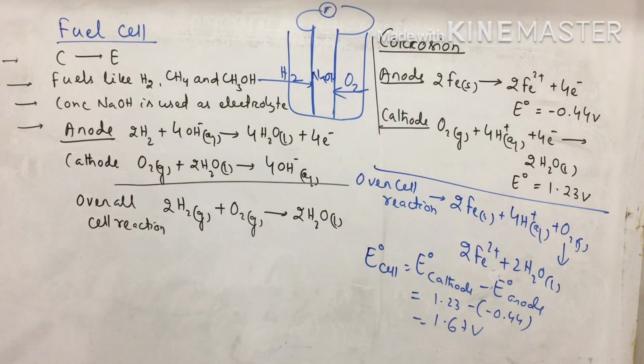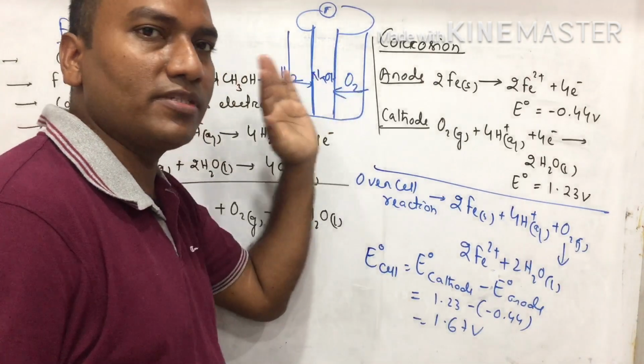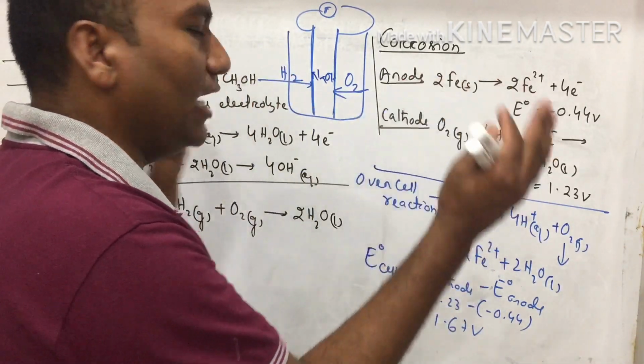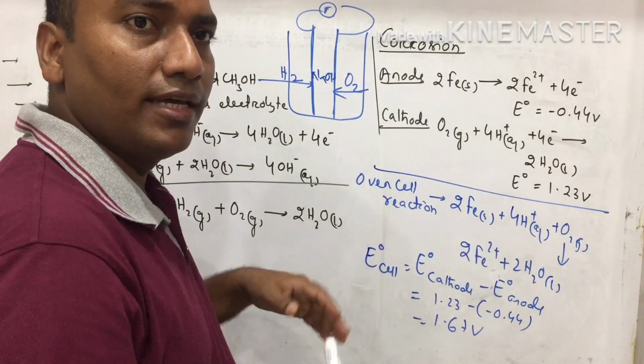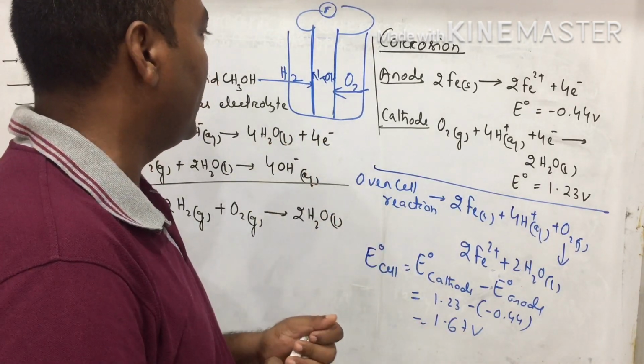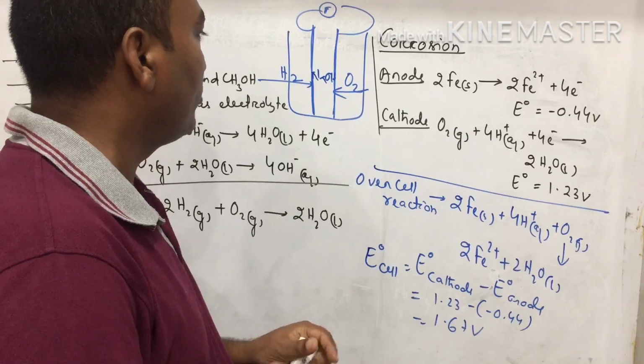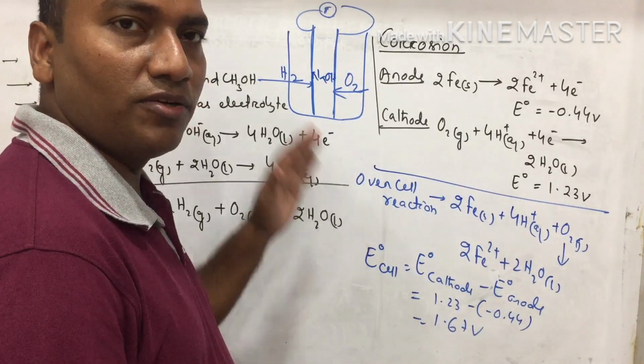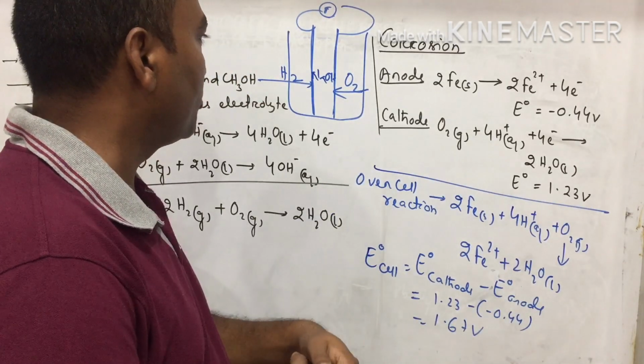Clear? So this cell runs continuously when we are giving hydrogen and oxygen and produces an enormous amount of electricity. Due to this reason, it is used in the Apollo spacecraft.